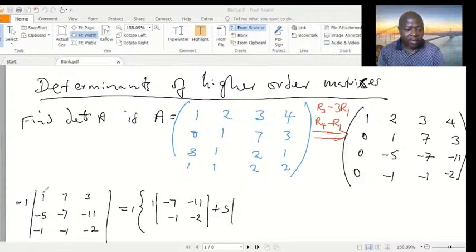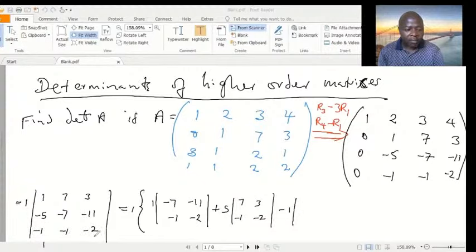Delete the row of 5 and the column of 5. What you are left with is 7, 3, negative 1, negative 2. So this was plus, minus, plus. So that plus and this minus gives us minus.